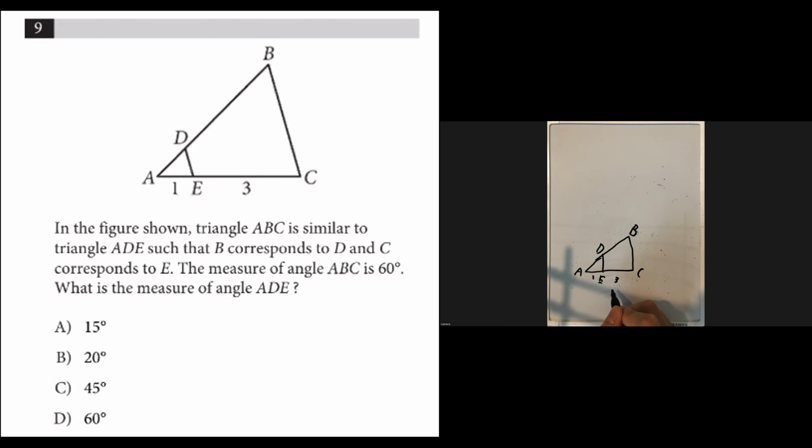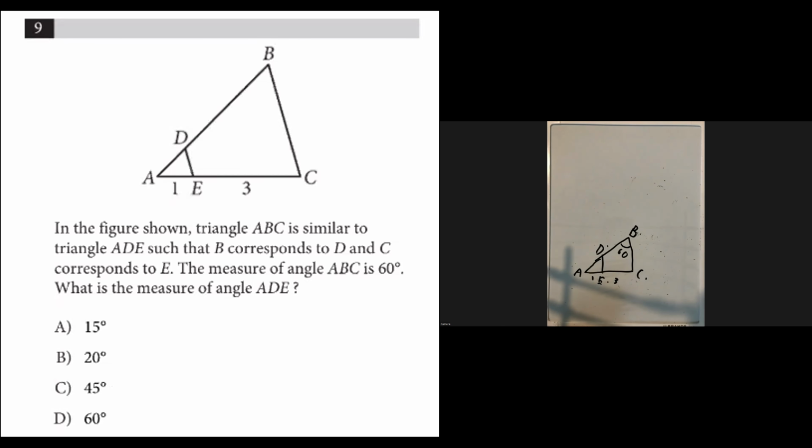That means that they're both the same triangle, just with different side lengths. And we're given that B corresponds to D, so this and this match. And so the measure of angle ABC is 60, so ABC is 60.